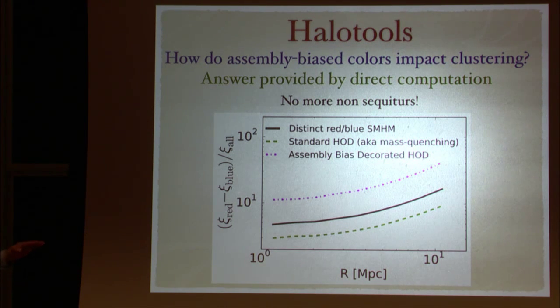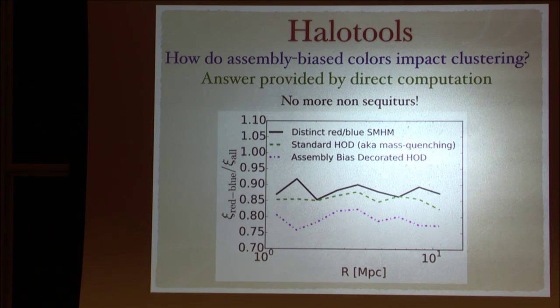And as you can see, what assembly bias decoration does relative to the underlying standard HOD is to increase the separation between red and blue galaxies, right? Because you're introducing an additional dependence on the clustering, which separates the old and the young. So that's above and beyond mass.